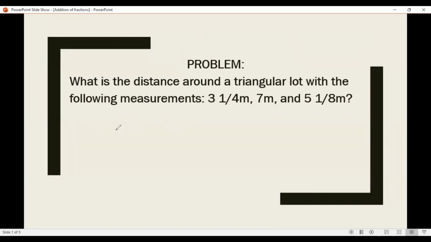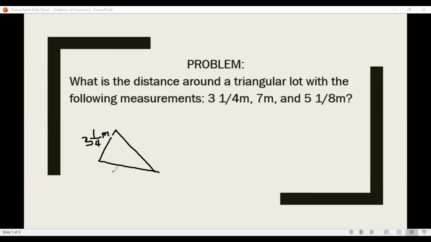So basically, the lesson that is involved here is looking for the perimeter. If you have a triangle, for example, this, we have 3 and 1/4 meters. That is the shortest side.